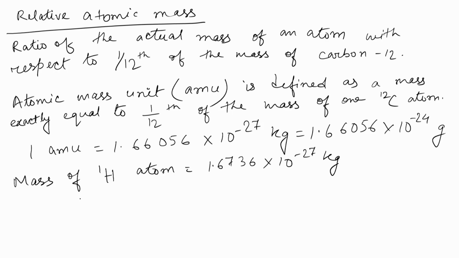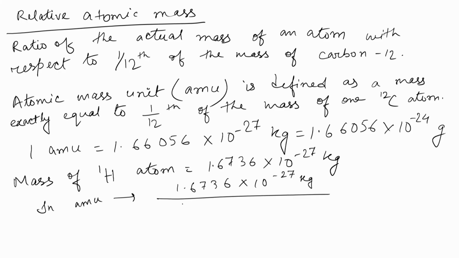So, on the AMU scale, this is 1.6736 into 10 to the power minus 27 kg divided by 1.66056 into 10 to the power minus 27 kg. This comes as 1.0078 AMU. Okay. So, the mass of hydrogen by convention is considered to be 1 AMU.